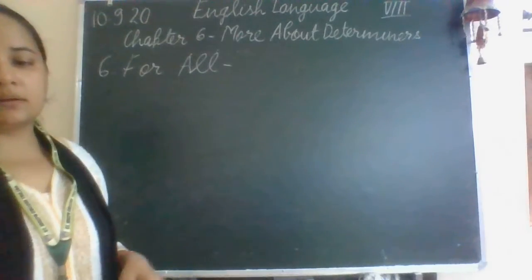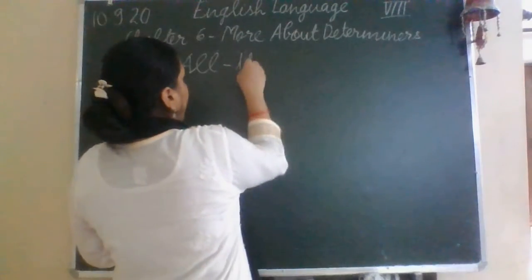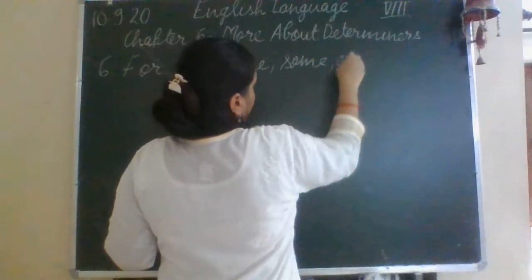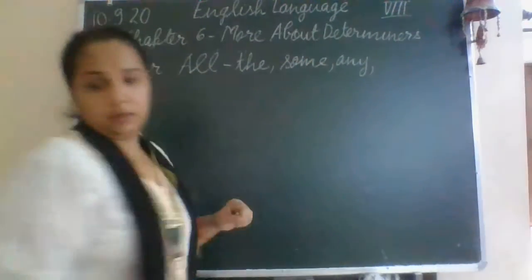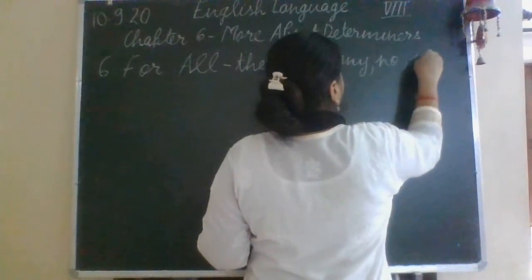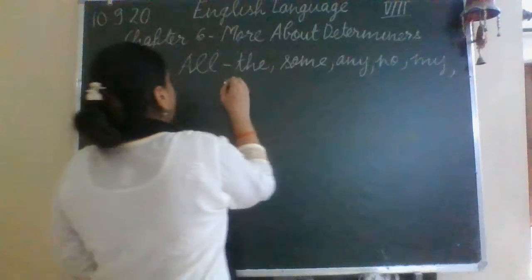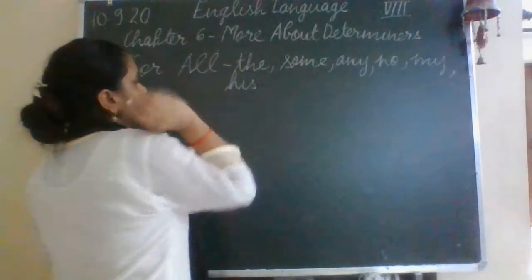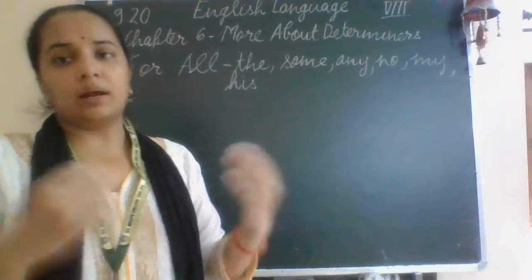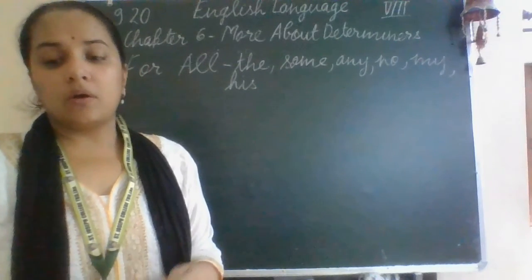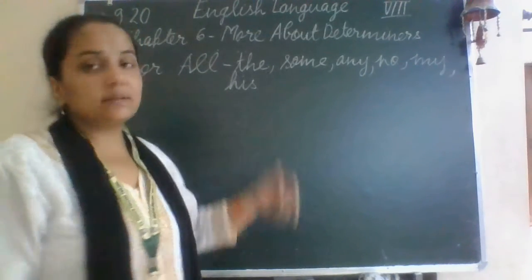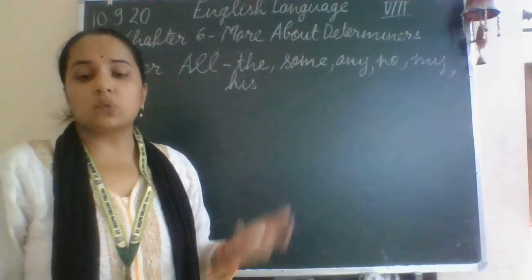What are they? The, some, any, no, my, his. These can be used with singular, plural, countable, uncountable, all. And we can include other possessive adjectives also here.